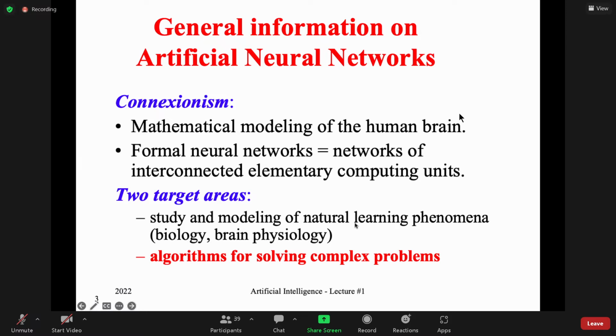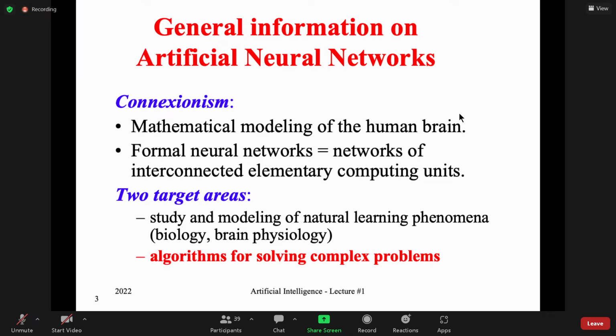And in fact, the origin of this scientific area comes from, as I explained, some computer scientists who tried in the last century to copy the behavior of the human brain.